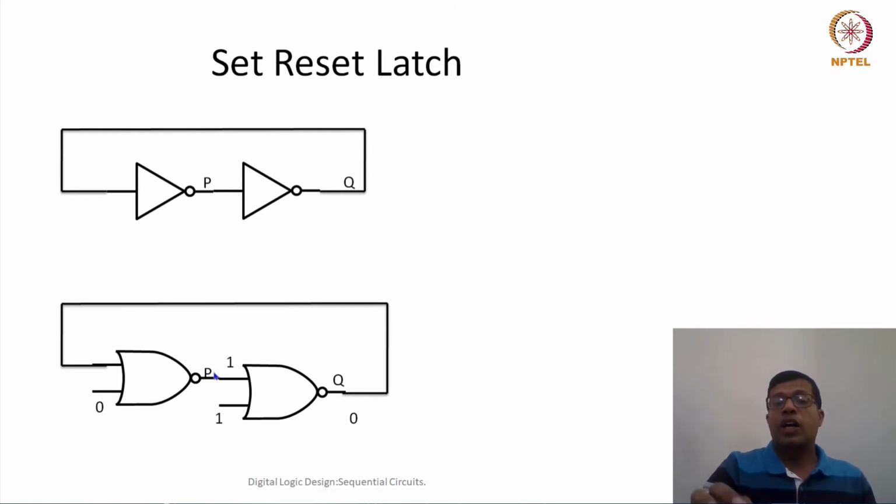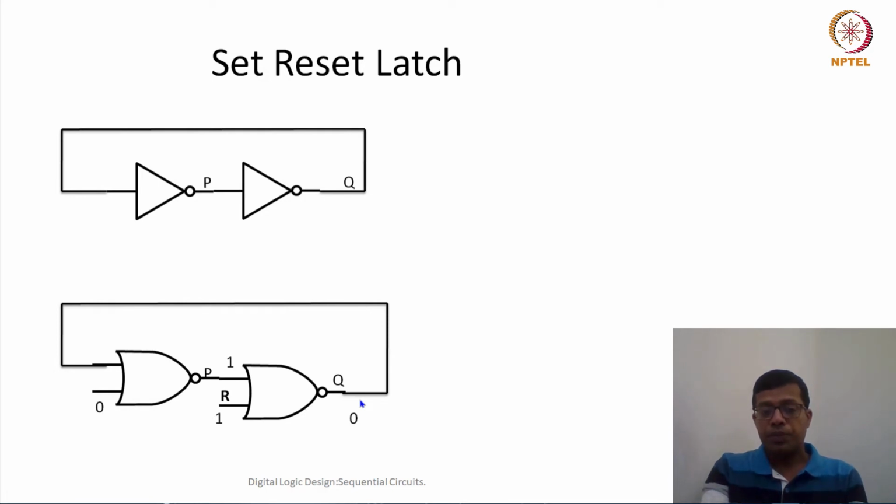So in addition to the storage element part, I also have a mechanism to set my q to 0. To set q to 0, for this particular NOR gate, I have to make the input 1. Because I am making my output 0, I can call this input reset: if it is 0, then it remains whatever the previous value was, but if reset is 1, then my output is 0.